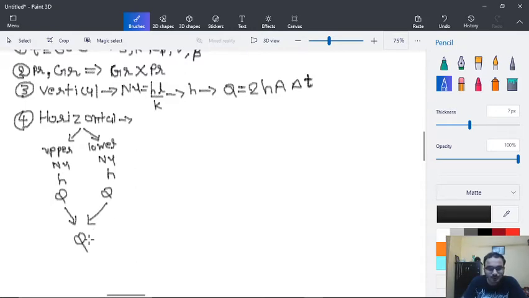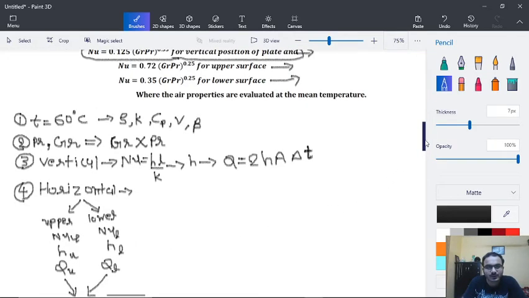Let us say this is upper and this is lower. This is again upper and this is lower. Then Q will be Q upper plus Q lower. Okay, we are done with this.